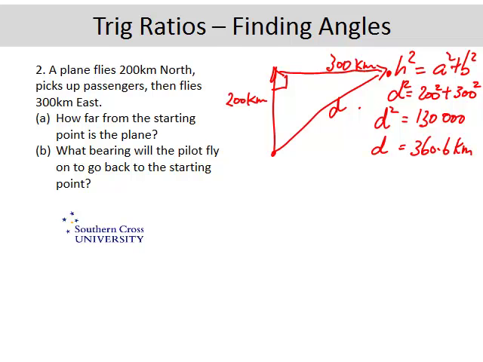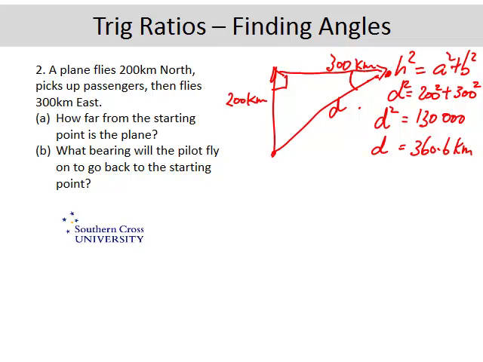And because d is basically the hypotenuse of the triangle, that kind of makes sense. Now, the second part of the question is, what bearing will the pilot fly on to go back to the starting point? So they're here at the moment and they want to fly back to where they started from.